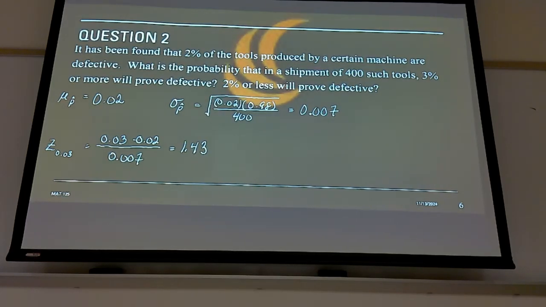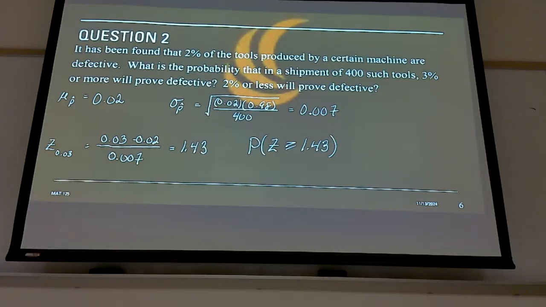So the probability we're looking for is that probability. But that's not the area the chart gives us. Be careful. You're not subtracting it by 1, you're subtracting it from 1.